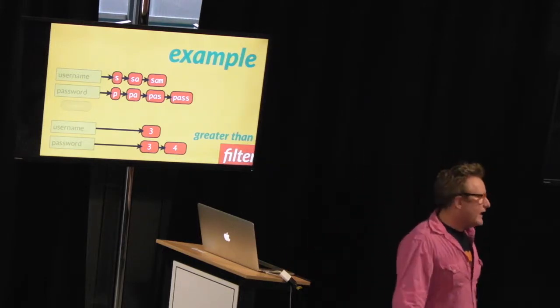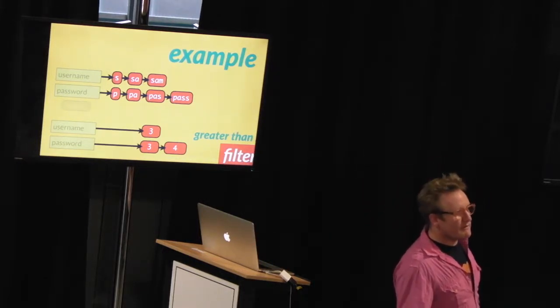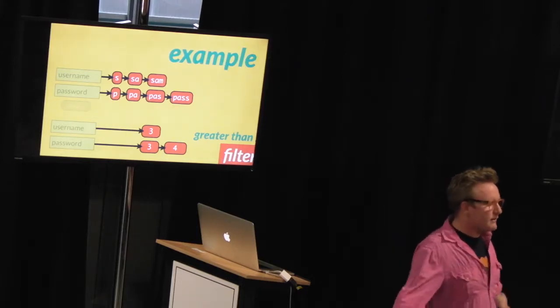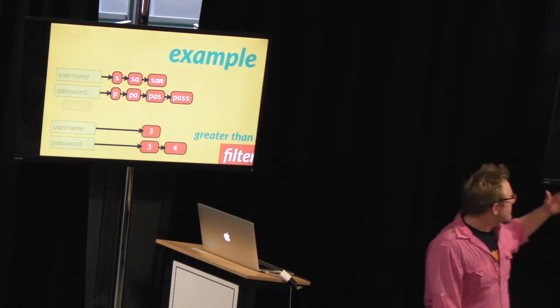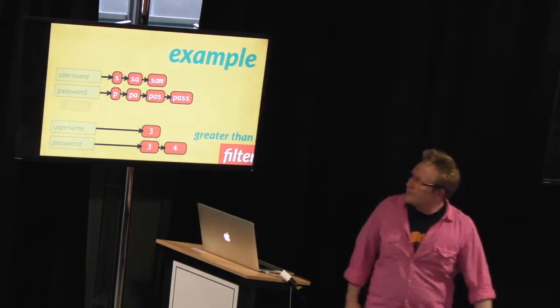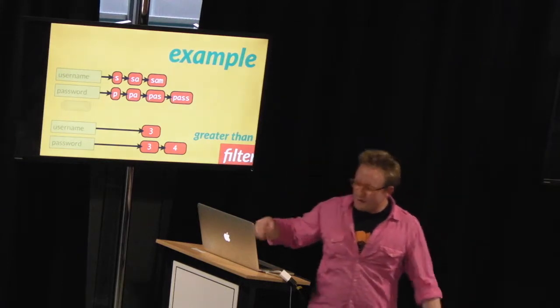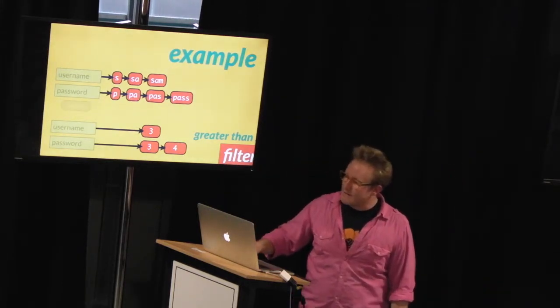But I only care about events where there's 3 or more characters, because otherwise I don't want to do anything. So now I've filtered it, based on it being greater than 2. So now I'm only receiving events at the end of my pipeline when I've got 3 or more characters.